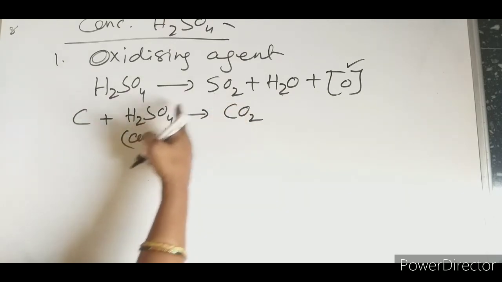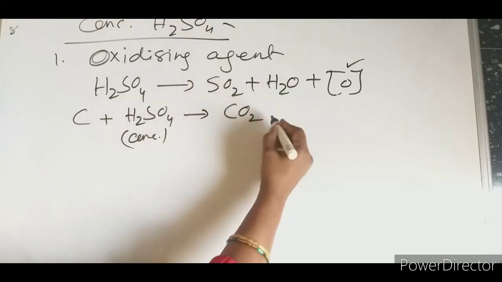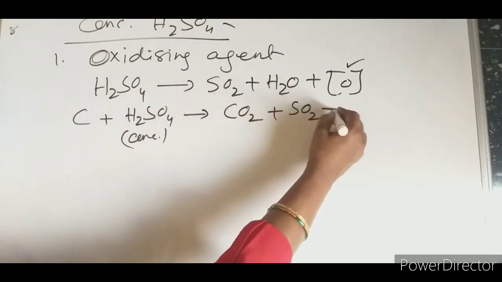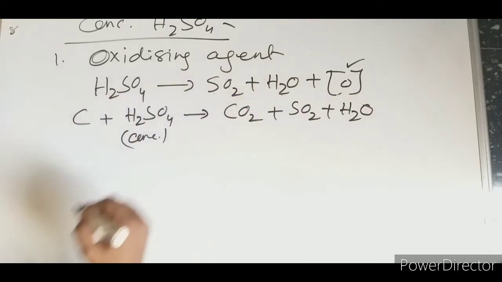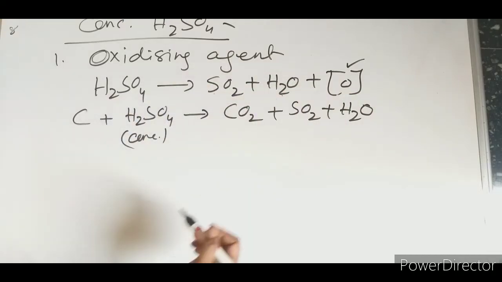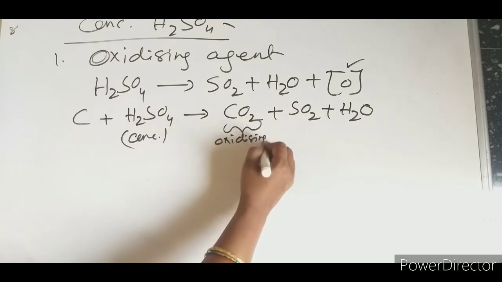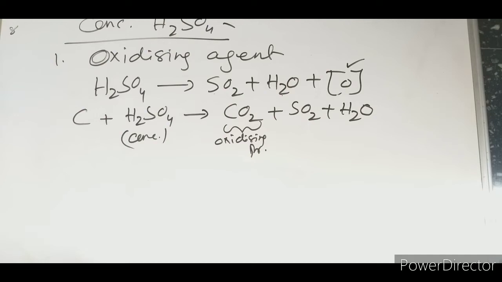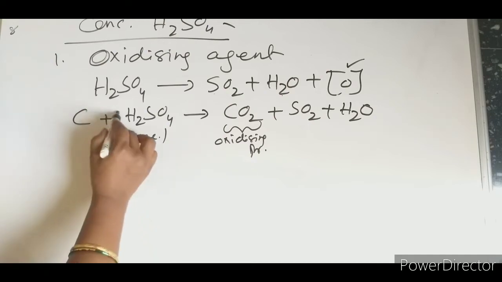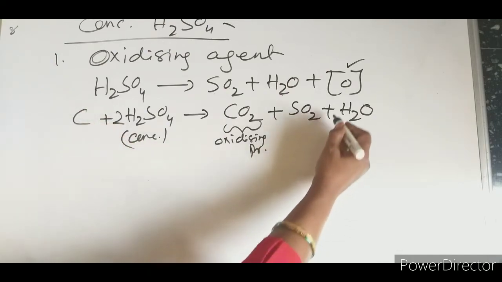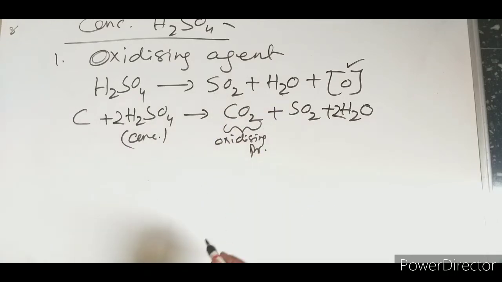Here when H2SO4 decomposes, it gives rise to sulfur dioxide and water. So along with that one, we have sulfur dioxide and water. So what is the oxidation product here? Carbon dioxide is the oxidation product. Okay, so let us balance this one. This one will be 2, water will be 2 and sulfur dioxide will be 2.